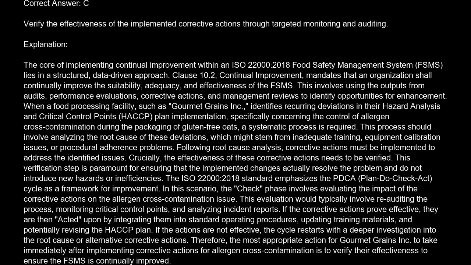If the actions are not effective, the cycle restarts with a deeper investigation into the root cause or alternative corrective actions. Therefore, the most appropriate action for Gourmet Grains Inc. to take immediately after implementing corrective actions for allergen cross-contamination is to verify their effectiveness to ensure the FSMS is continually improved.